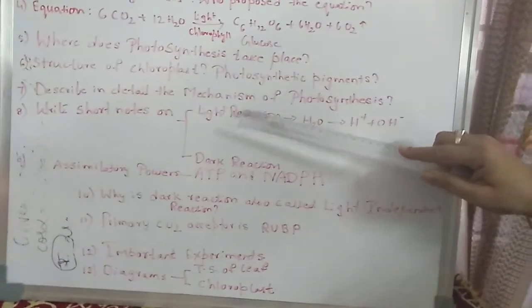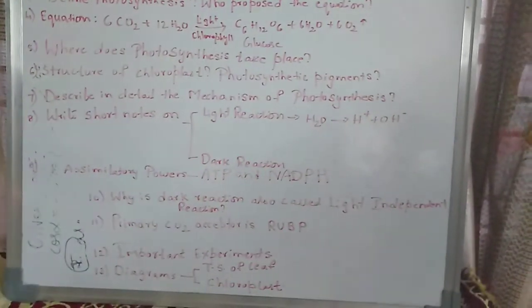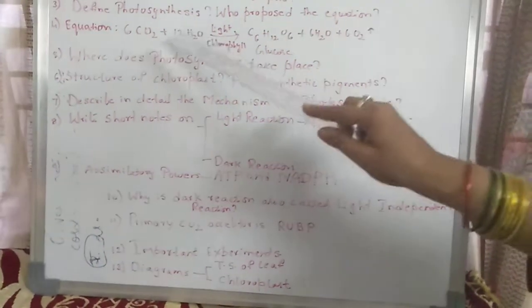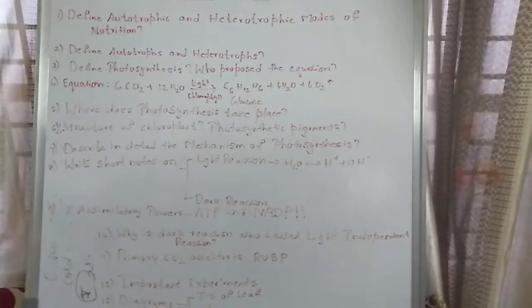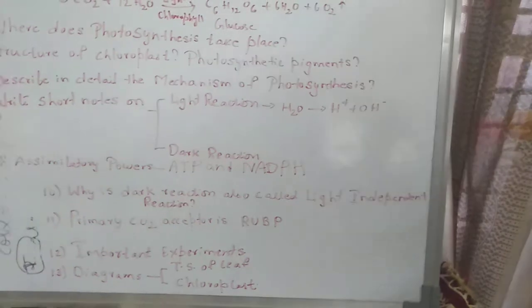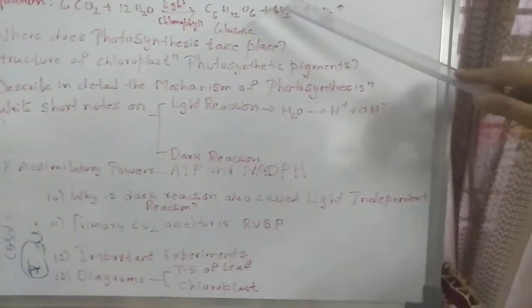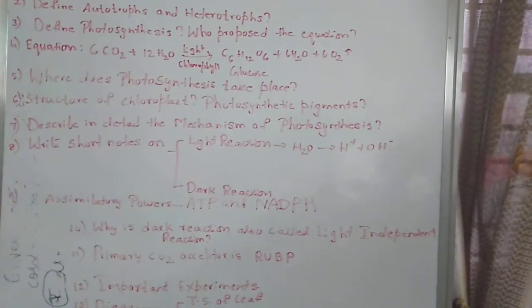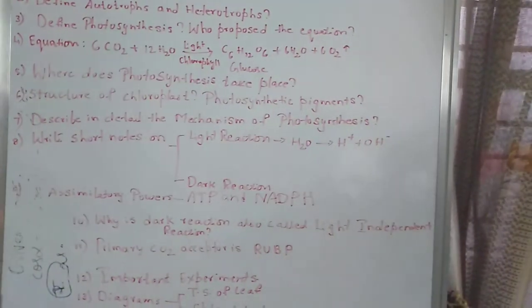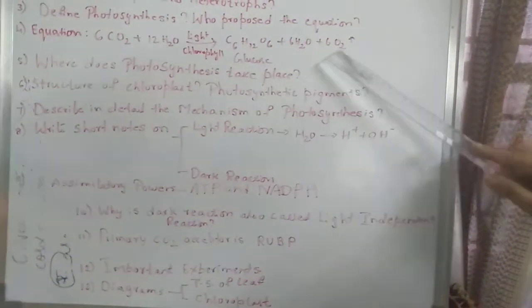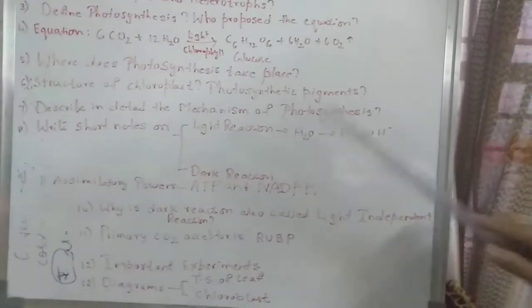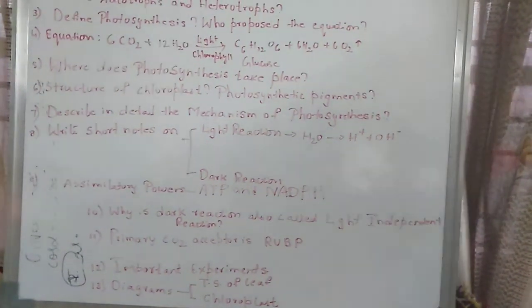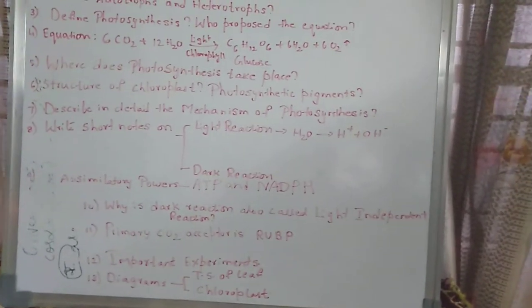One important process occurs here which is called photolysis of water, where the water molecule that is absorbed is split into hydrogen and hydroxyl ions, and these hydroxyl ions combine and recombine and again form the water molecule, and oxygen is evolved in this process. This was shown by Robert Hill, who said that the oxygen that is evolved during photosynthesis comes from water, which is a very important concept for all the students to understand.